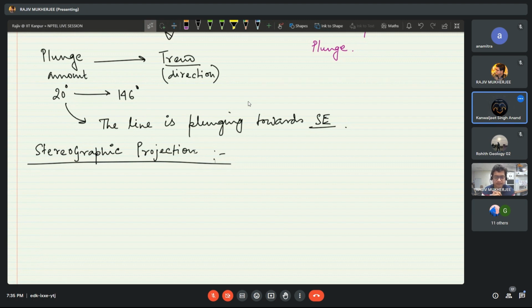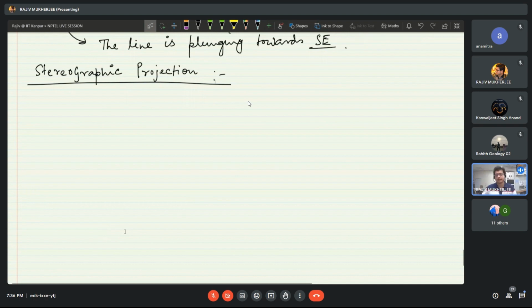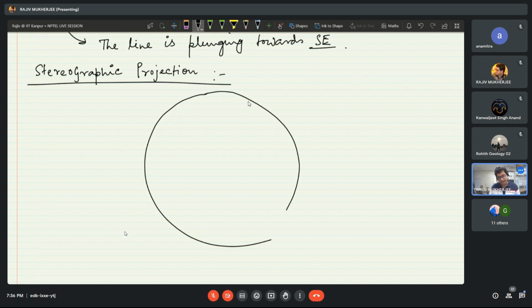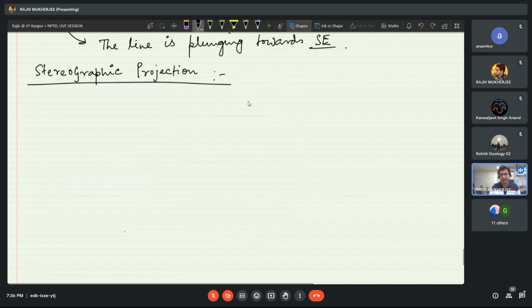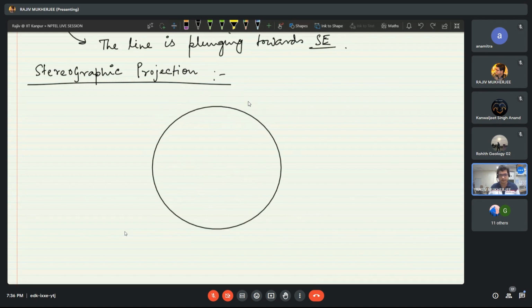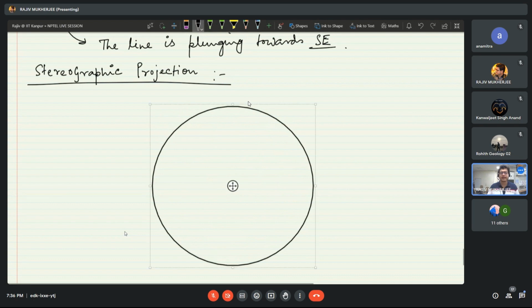Exactly. Very good. Assuming that everybody has a little bit of an idea about stereographic projection, let me give you an overview and a sort of recap. Every plane and line can be projected on a circle, right?